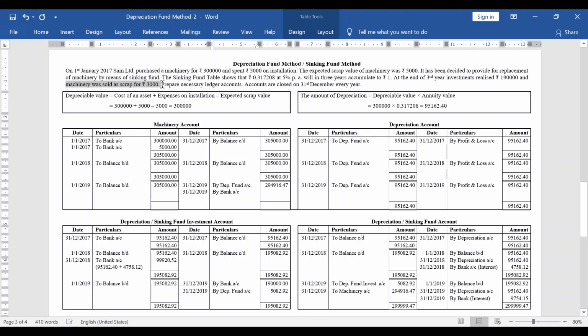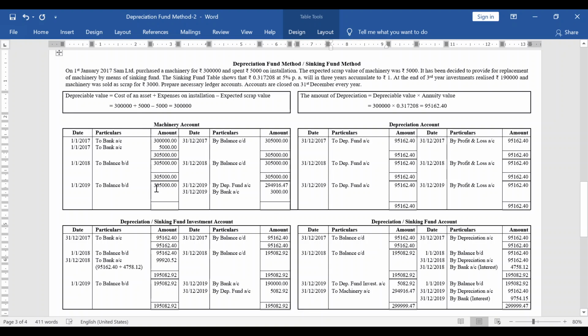So the next entry is for sale of an asset as scrap, and the entry for the same is bank account debit to asset account, and the bank account is debited with the amount realized on sale of an asset and machinery account is credited with the amount. The entry for sale of asset as scrap is bank account debit to machinery account.